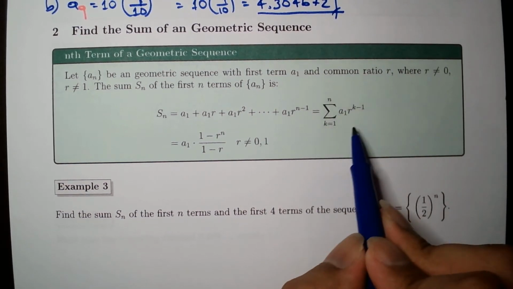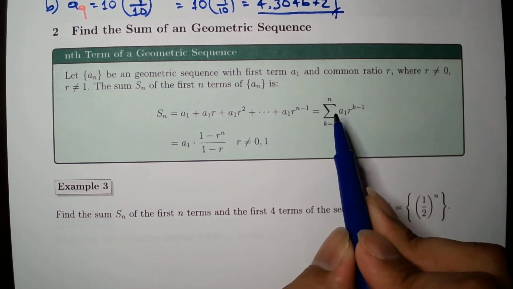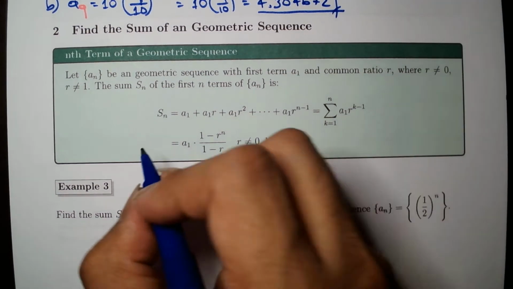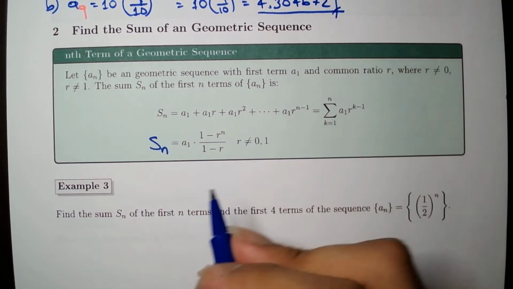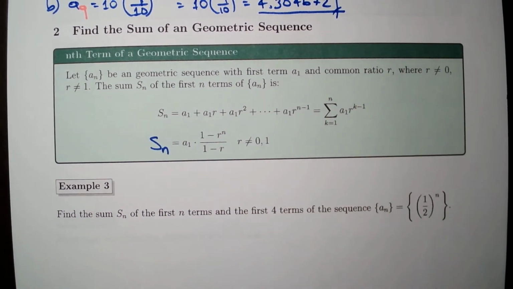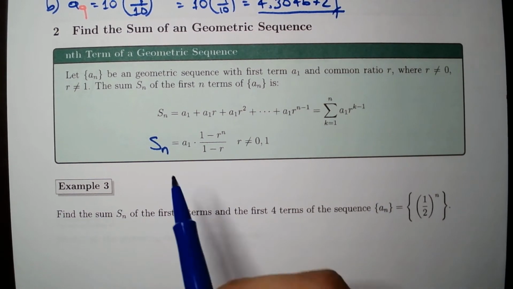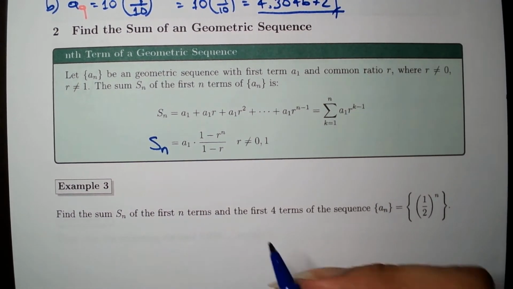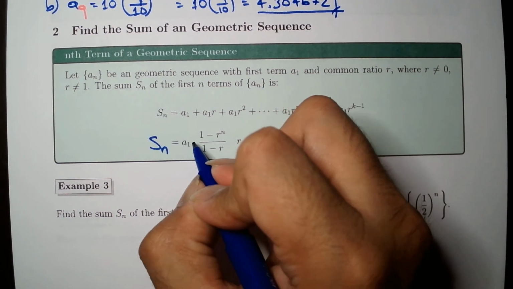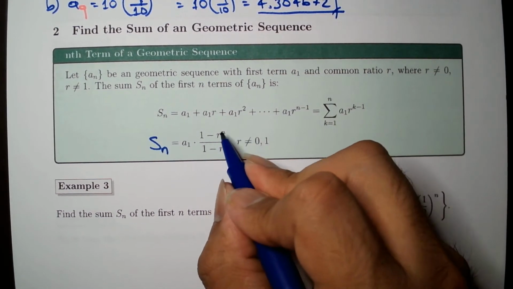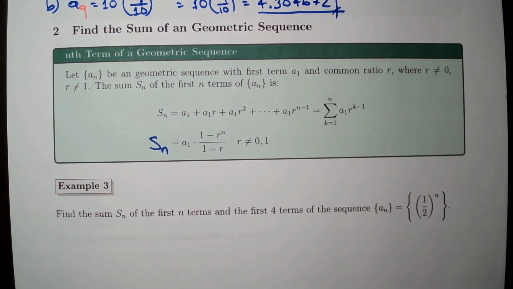So we're going to have a sequence of this form. But to find S sub n, like let's say the first 17 terms or the first 32 terms, we're going to use the formula. All we need to know is the first term of the sequence and the common ratio of the sequence.